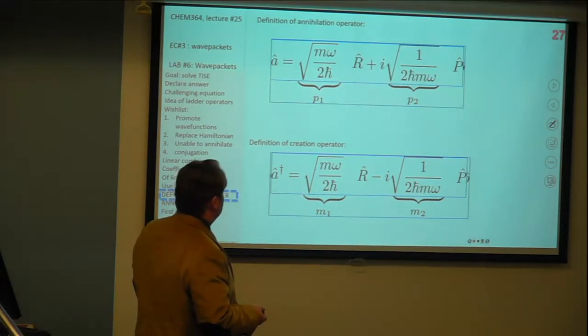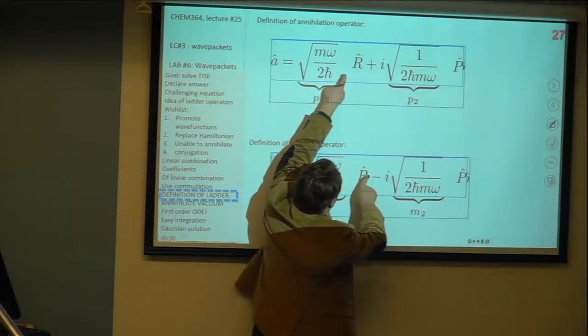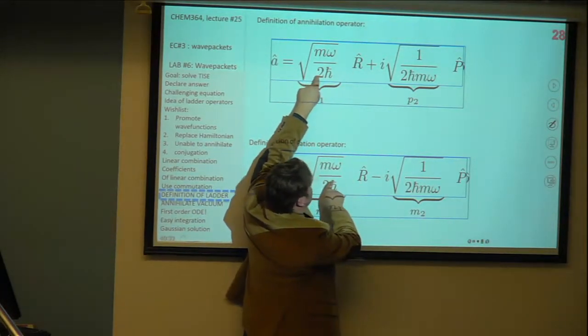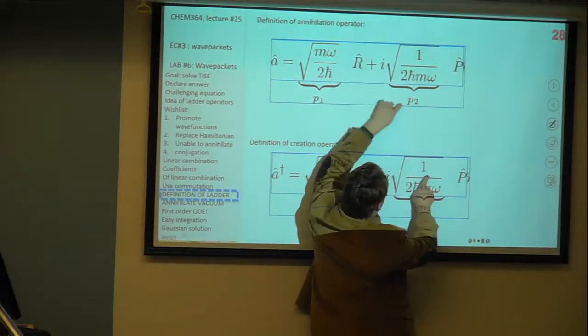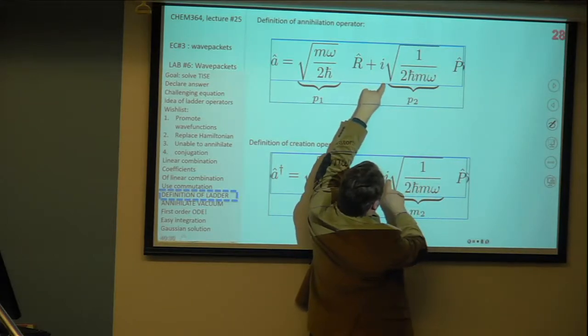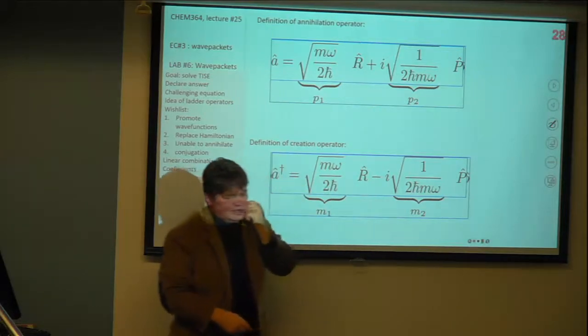So, Hermitian property. Here in front of R, everything is real. Real is always Hermitian. In front of momentum, the coefficient is imaginary, with plus and minus for lowering and raising.